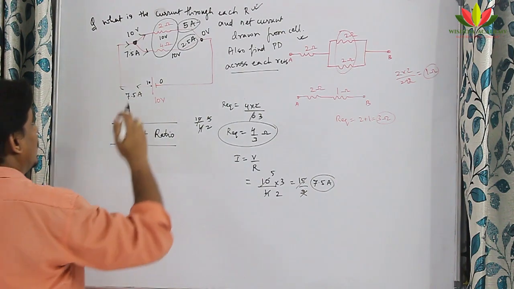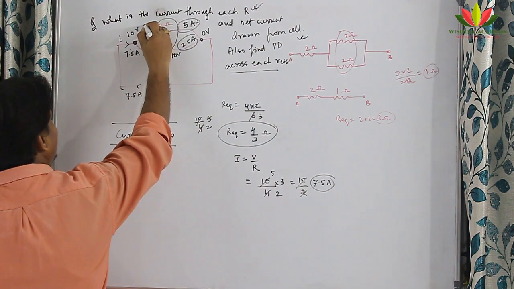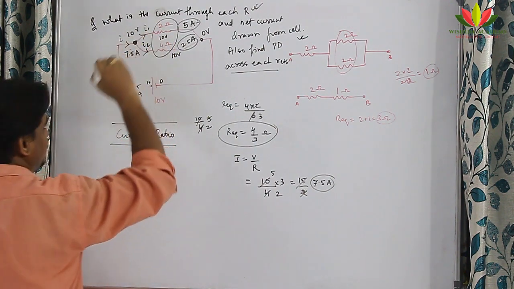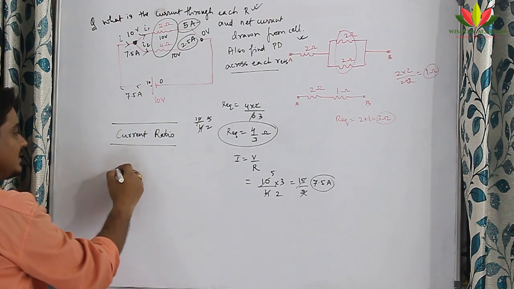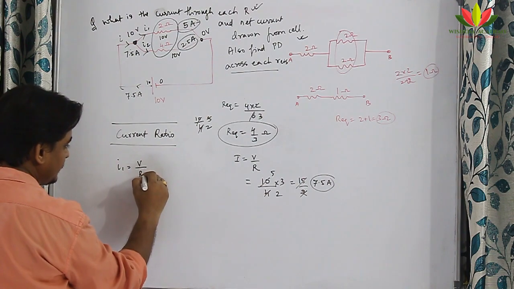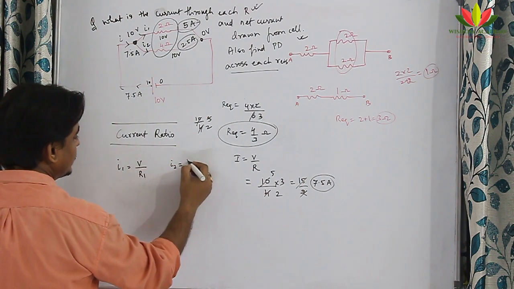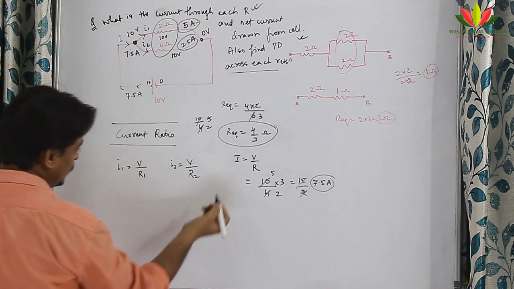So suppose current I comes here, and what goes here is I1 and I2. So what is I1? Current I1 is equal to V by R1, isn't it? What is I2? I2 is equal to V by R2.